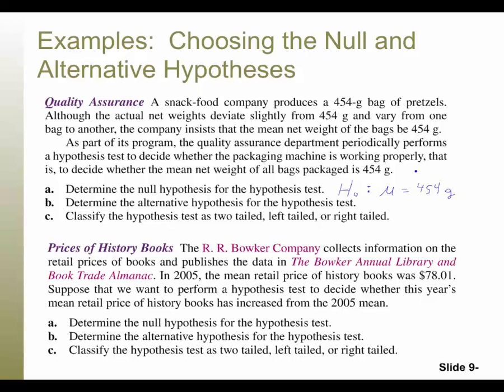Have they mentioned anything about less than or greater than? No. So then our conclusion is that we're going to do the two-tailed. So our alternative here is that the population mean is not equal to 454. So this is our two-tailed hypothesis test.